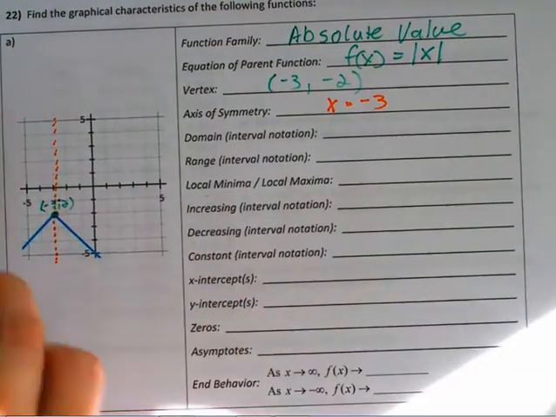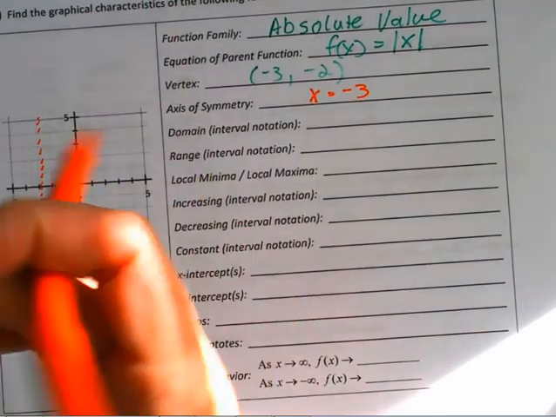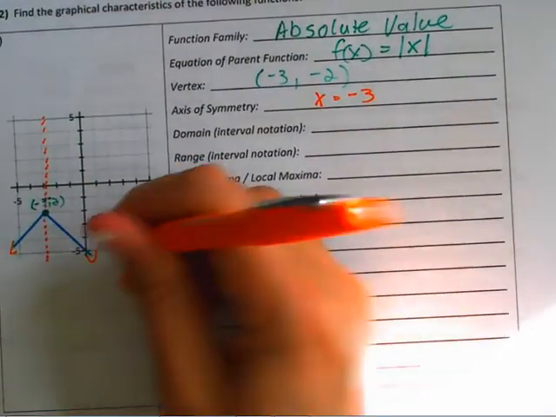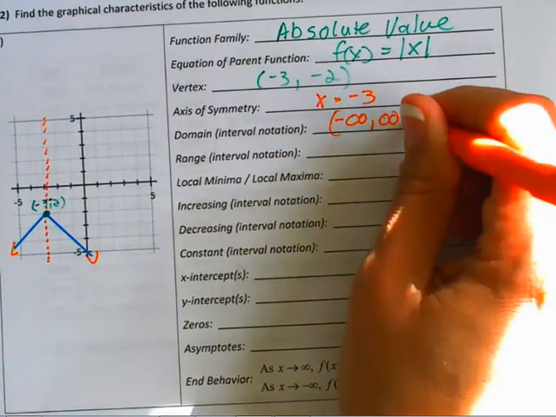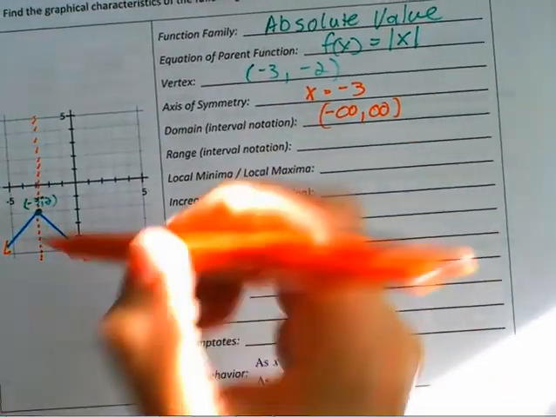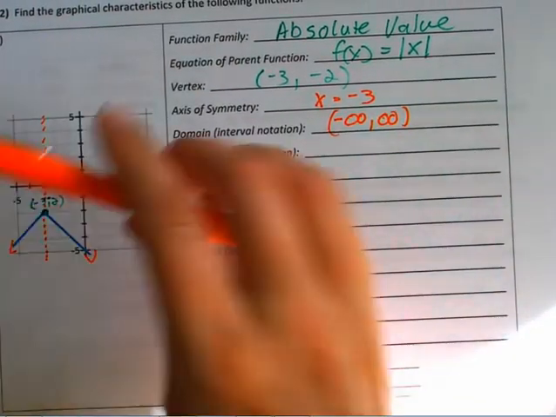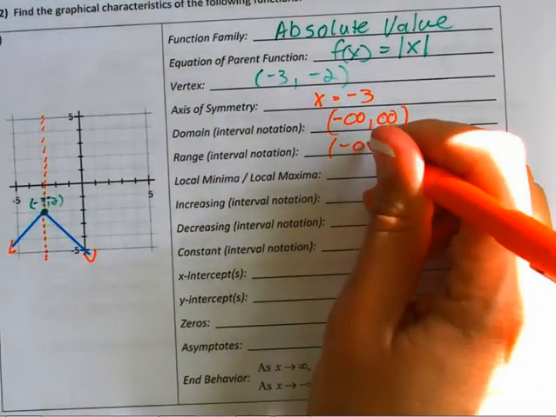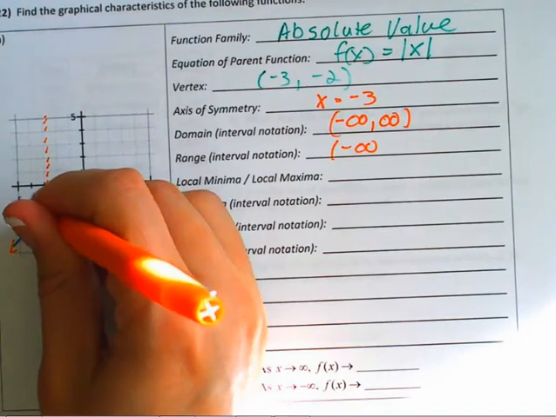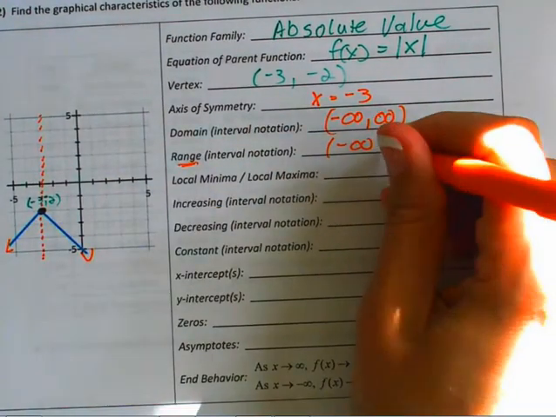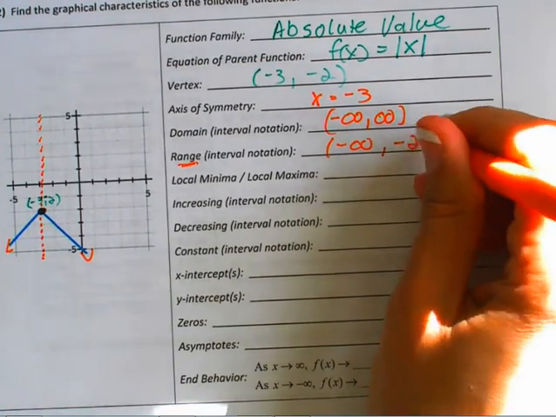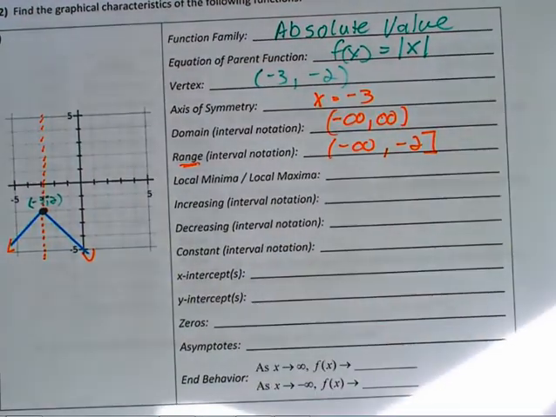The domain from left to right, remember this goes on forever, so it's negative infinity to positive infinity. The range, this graph is pointed down, so the range is at negative infinity. But notice the last point is right here, and we're talking about the range, so we're talking about the y value. So it goes to negative 2, and it includes negative 2, so you're going to use a bracket.